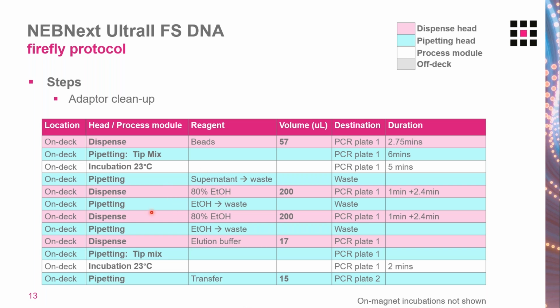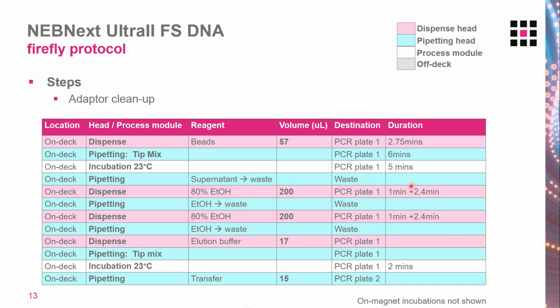Another thing I wanted to point out about this sub-protocol is the dispense of ethanol. After we've removed the supernatant to waste, we've got our bead pellets present in each well, slowly drying. So we want to, as quickly as possible, dispense ethanol to all wells of the plate. We're dispensing a relatively large volume of ethanol, but we want to do this as quickly as possible.